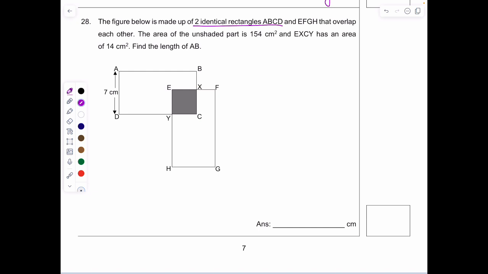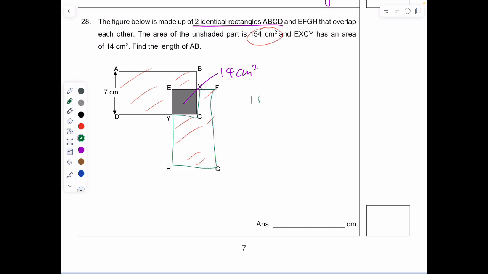So over here, they have indicated that this is 14 cm square. And the unshaded part, which is here, totals up to 154 cm square. So the first thing we can do over here is find out what is just one part of the unshaded.